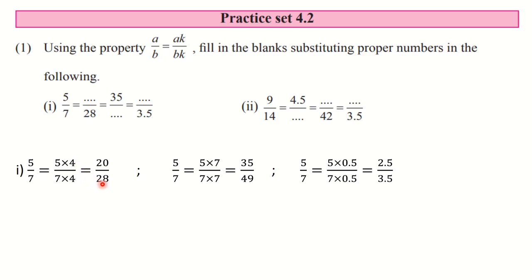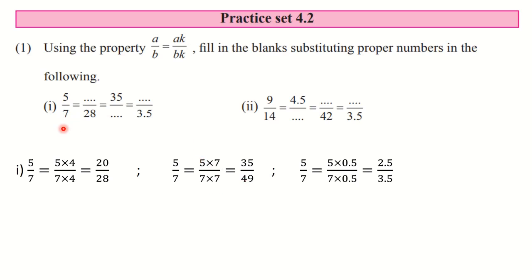So the ratio will be 20/28. Now take first and the third. Okay. So 5/7. This 35 I can write as 5 into 7. So if I am multiplying 5 by 7, I have to multiply 7 also by 7. So 5 into 7 upon 7 into 7. So the ratio will become 35/49.